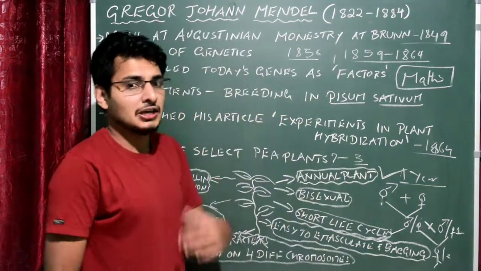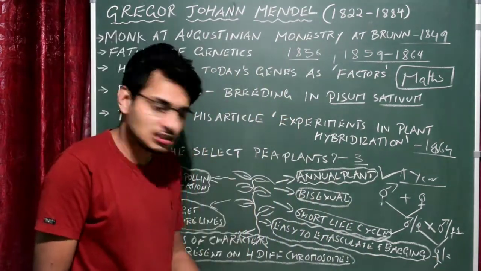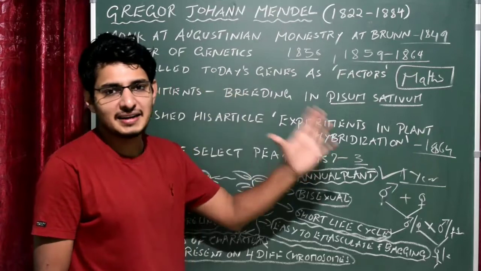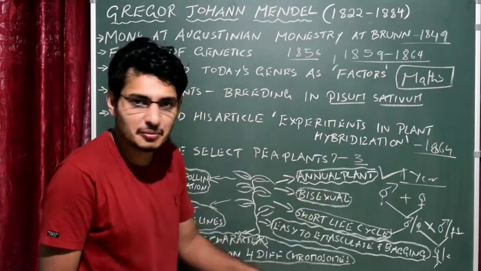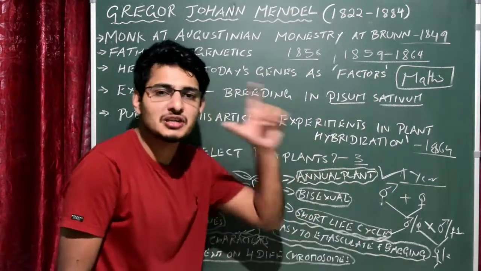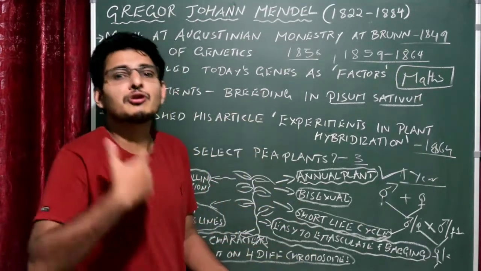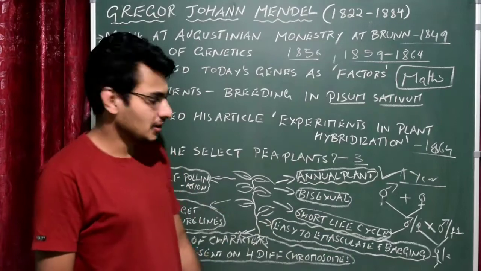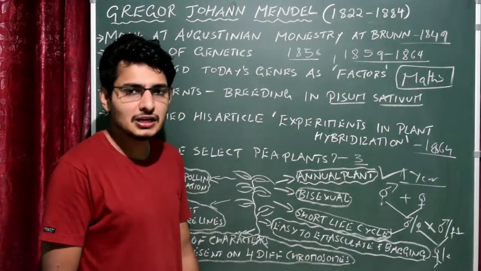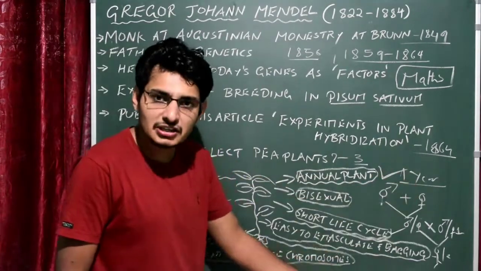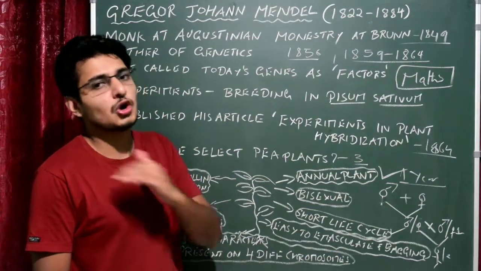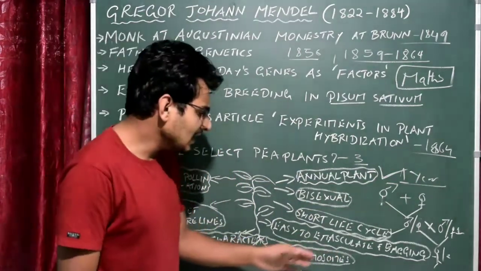That means he could get many generations within a short span, because of the short life cycle of Pisum sativum. He didn't have to wait long to get the result.